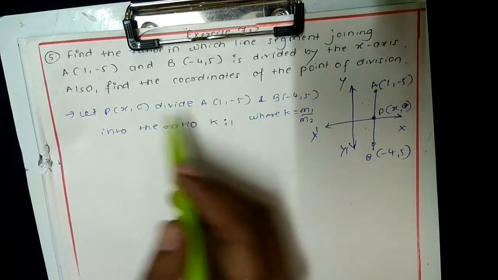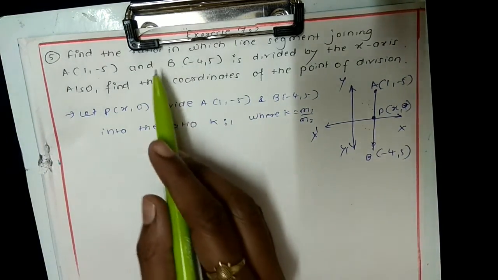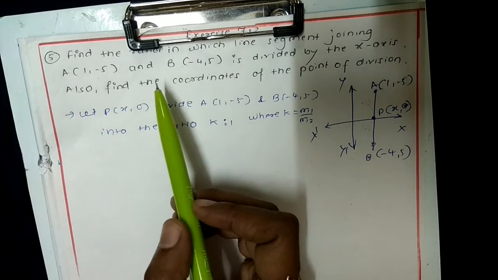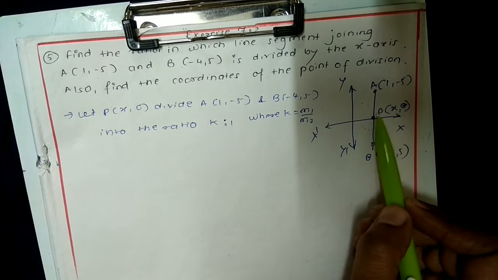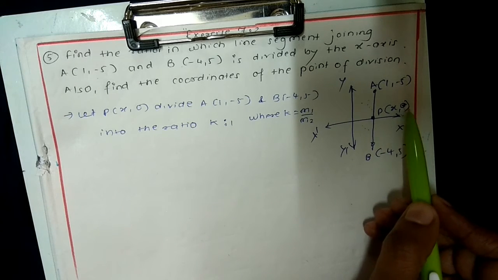Whenever such questions are there, we can use the section formula. In the section formula there are two parts, for x and for y of the point of division.